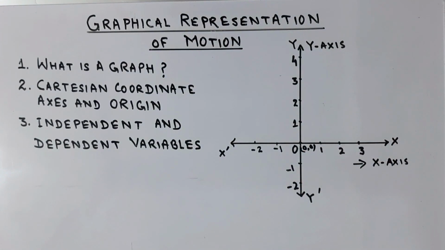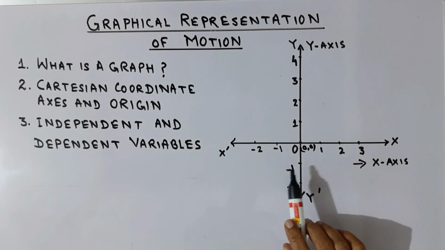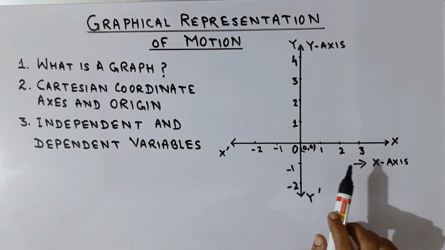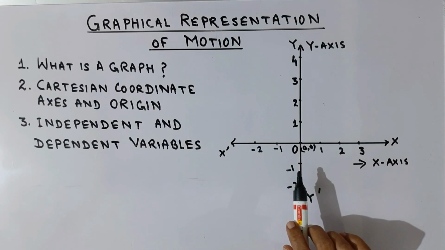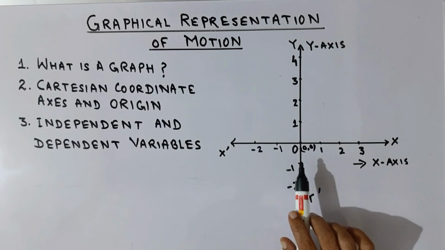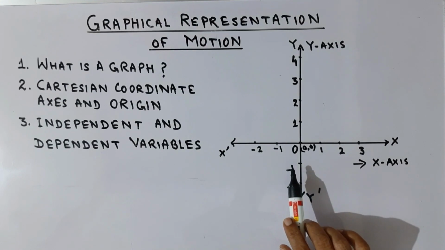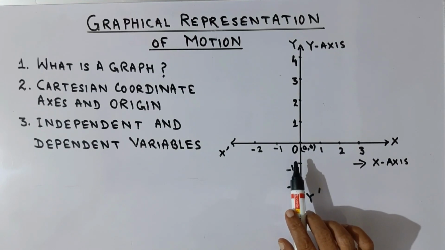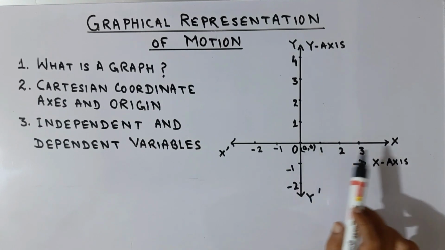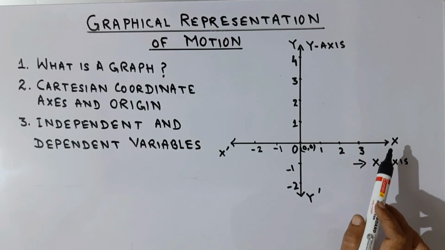I repeat, if we have two quantities and they vary with each other in such a way that if the first quantity increases, the other also increases or decreases, then the first quantity is called the independent variable. That physical quantity is taken along the x-axis.